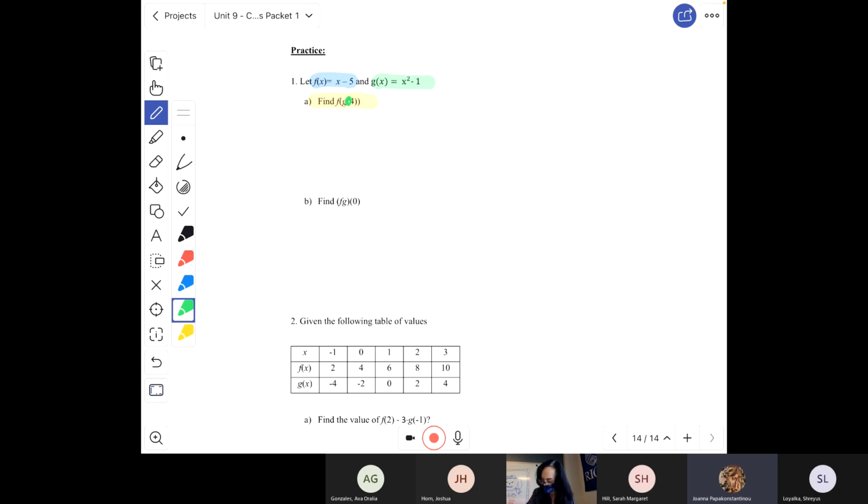Yes, I could first evaluate g of 4. Okay, let's evaluate g of 4. So I am eventually going to do f evaluated at whatever g of 4 is. G of 4 is 4 squared minus 1, which is 16 minus 1, which is 15.